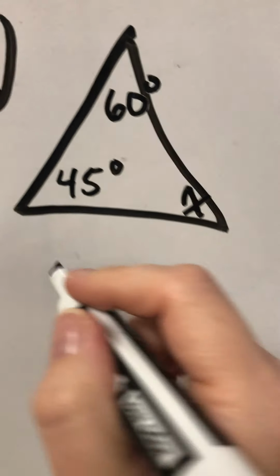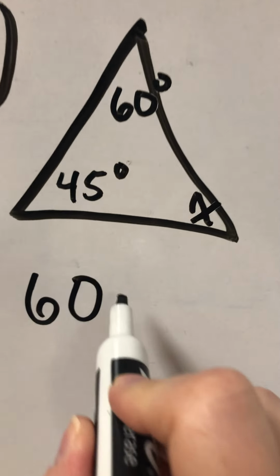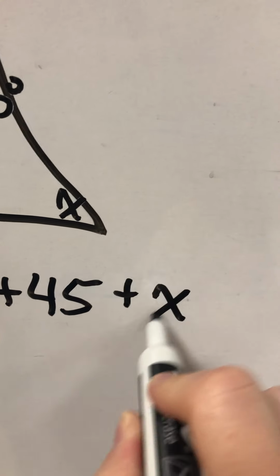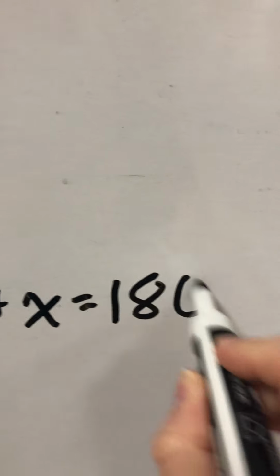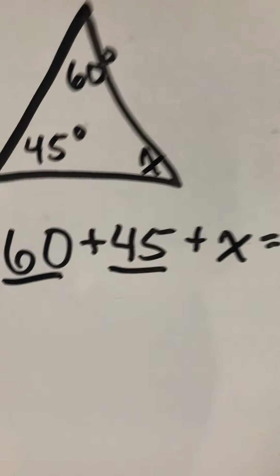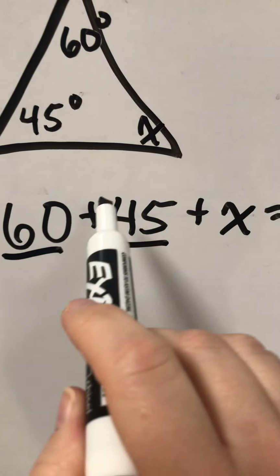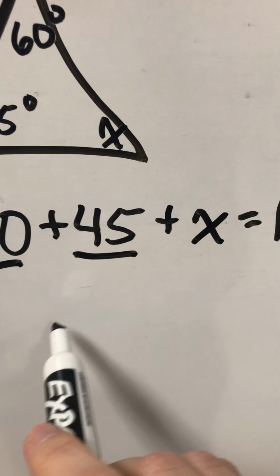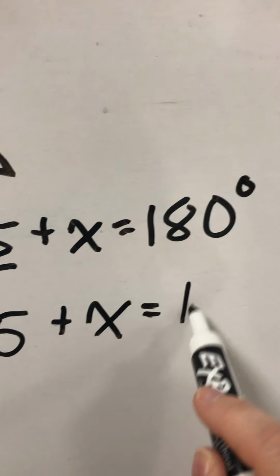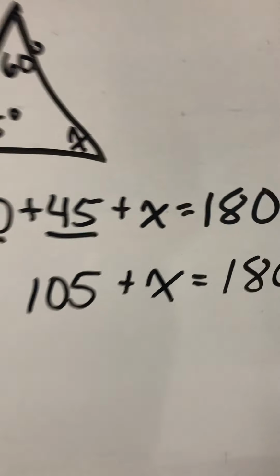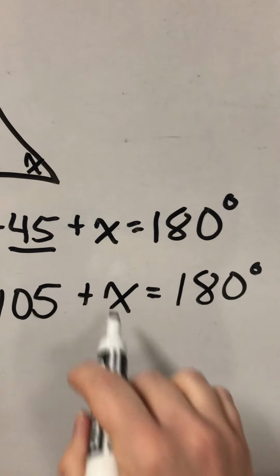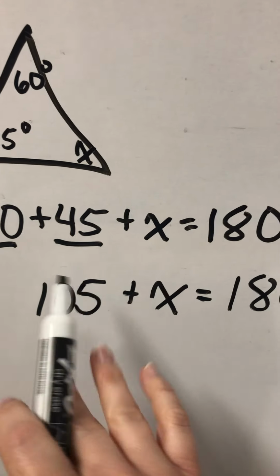So you would set up your problem, you would say, okay, 60 plus 45 plus X would have to equal 180 degrees. Then you could combine these terms. 60 plus 45 is going to give you 105 plus X equaling 180. And if you remember how to get X by itself, 105 is positive over here.